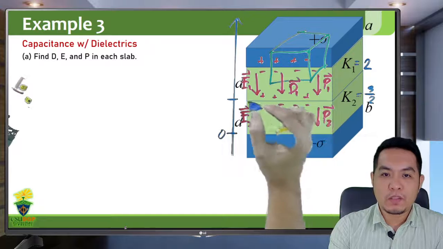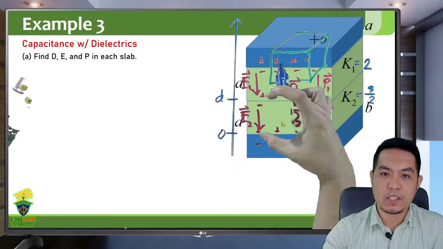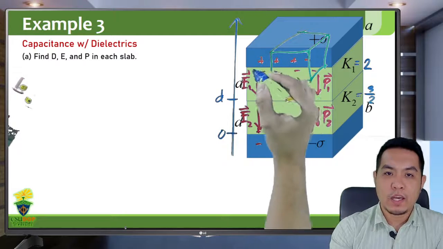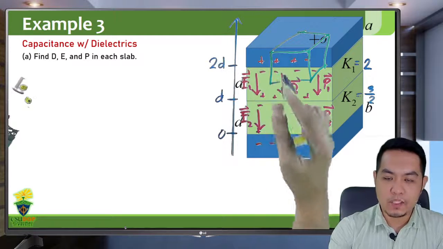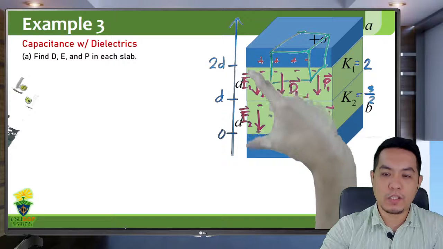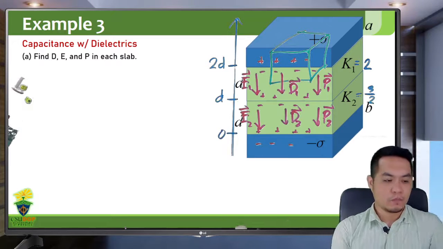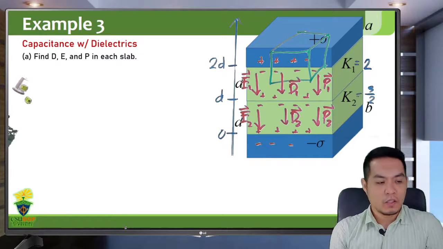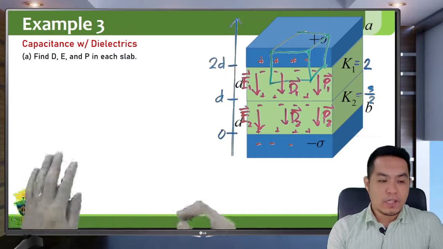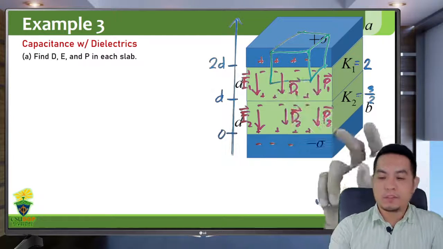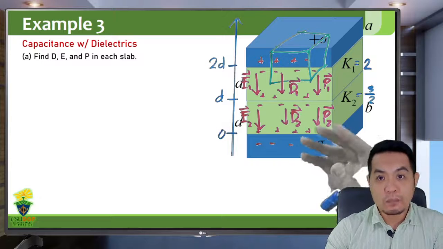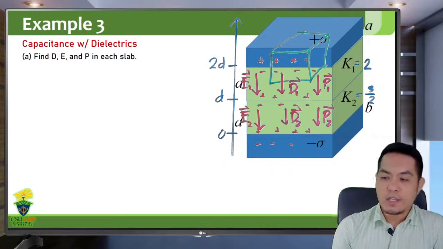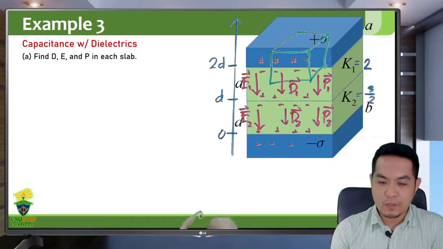In between, this is z equal to d, because this distance is d. And the location of the upper plate is z equal to 2d, because this is d, this is also d, so that length must be 2d. Okay. So I'm just going to solve for the electric field, displacement, and polarization for slab number 1. You repeat the process and you solve those values for slab number 2.